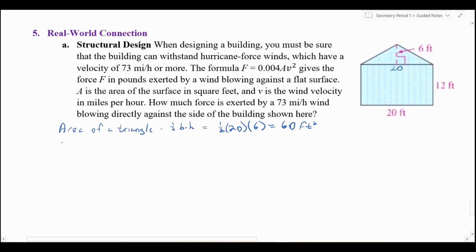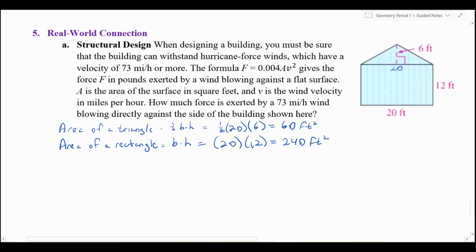Then we need the area of the rectangle. The area of a rectangle is base times height. In this particular case, our base is also 20, and our height is this 12 right here. We multiply those two and we get 240 square feet.